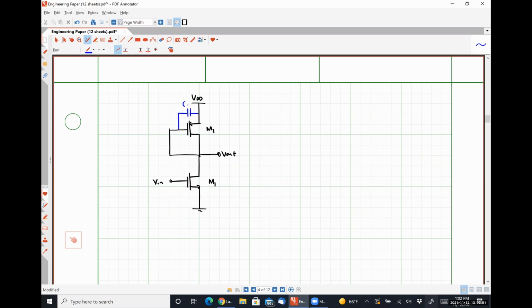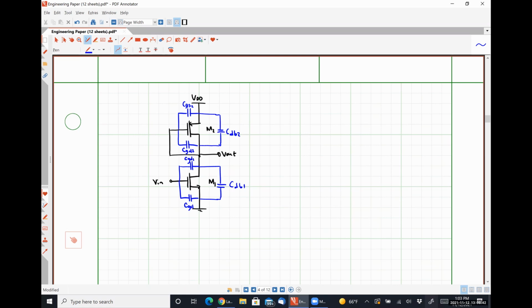So we're going to have CGS2, CGD2, and CDB2 here, CGD1, CGS1, and CDB1, like so, right?